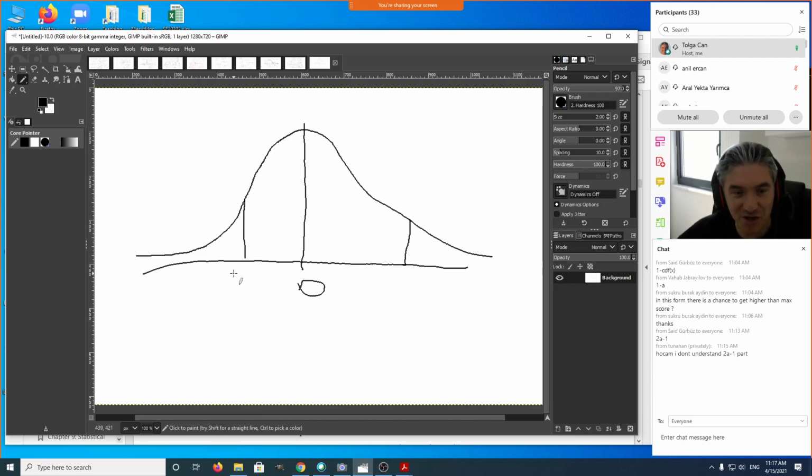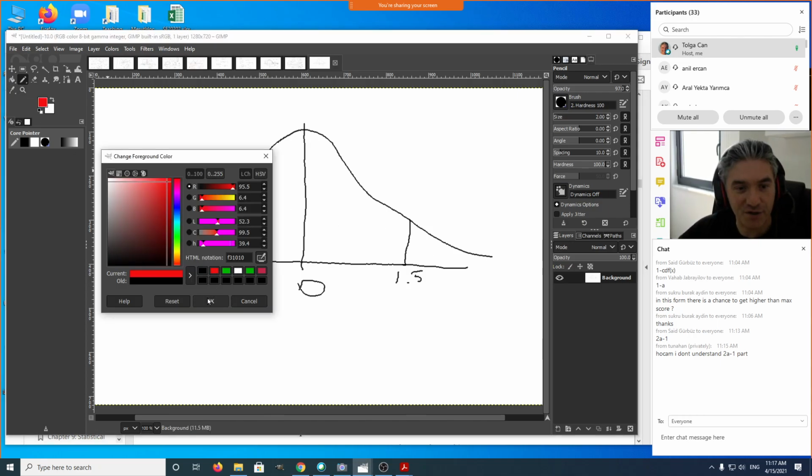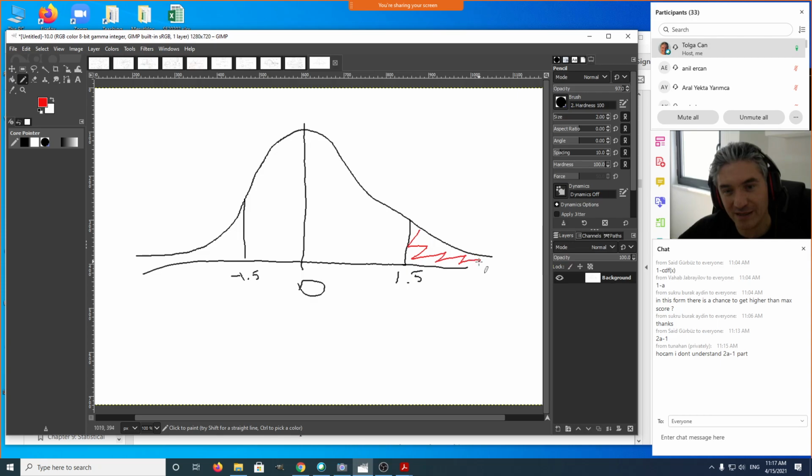At least the areas look clear. What will happen is that the areas under the curve on this side and this side are equal. Let's call this area B. This area will also be B.